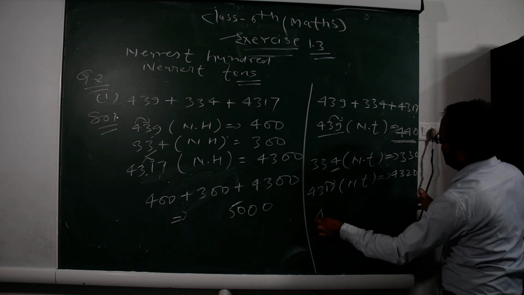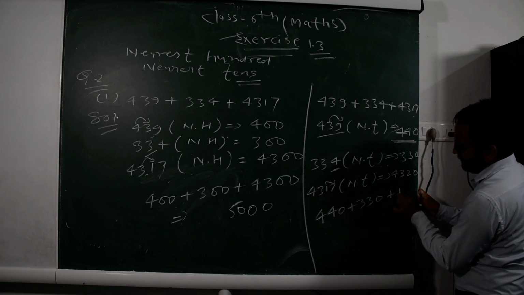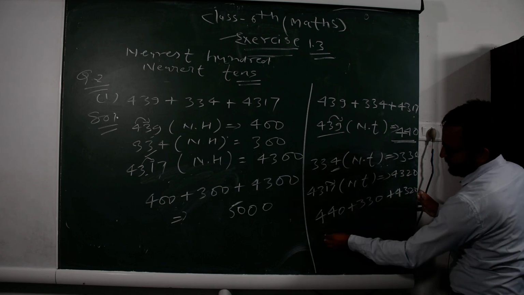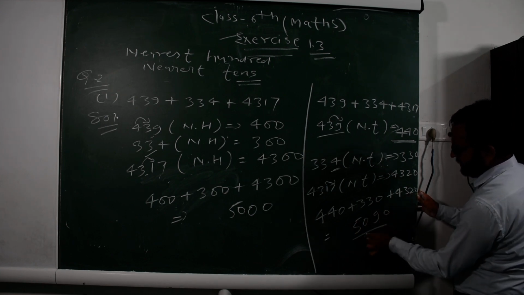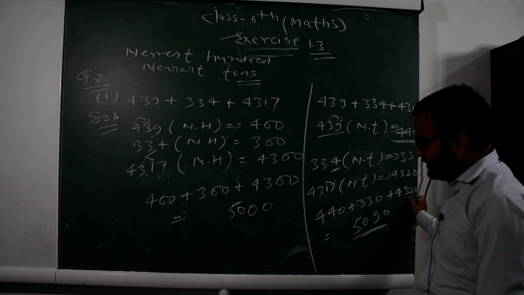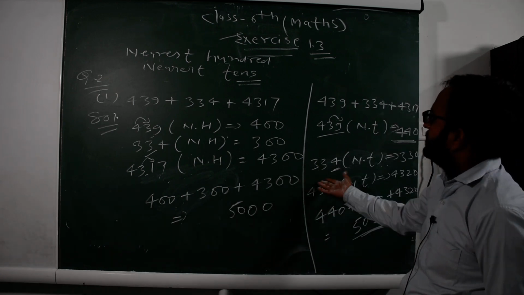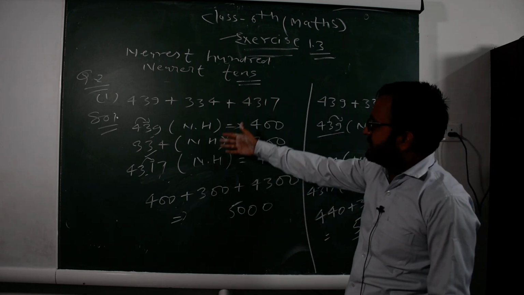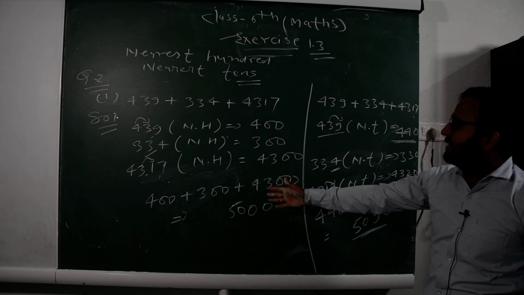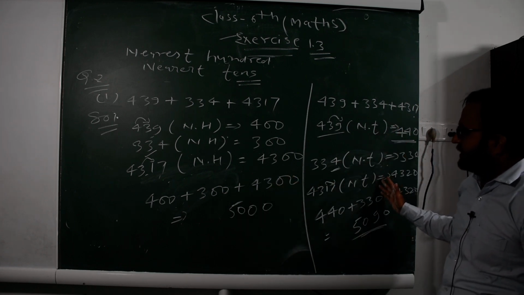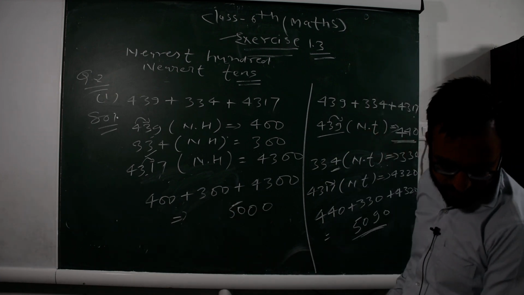Now perform sum. 5090. 5090 is your approximate sum of this question. So this is nearest 100 and this is nearest tens. By the two methods, nearest 100 and nearest tens, the answer will be different. Okay. Now question number 2.